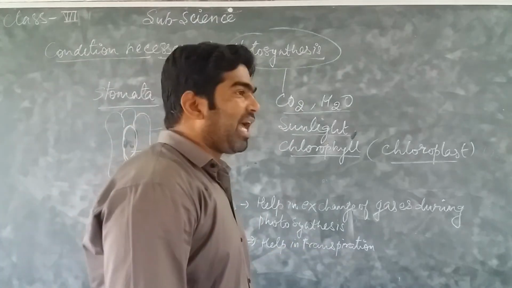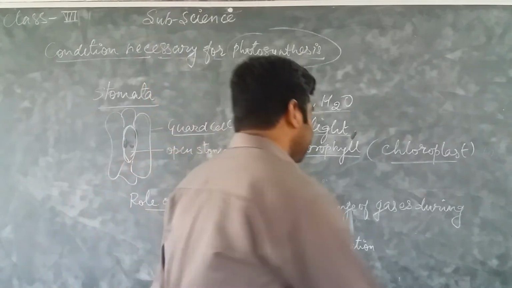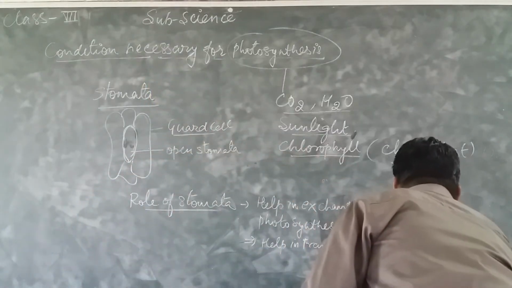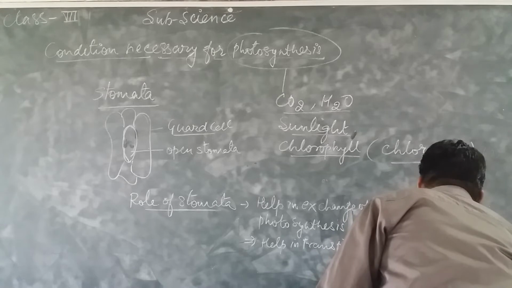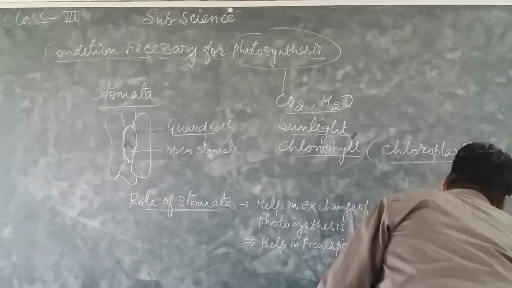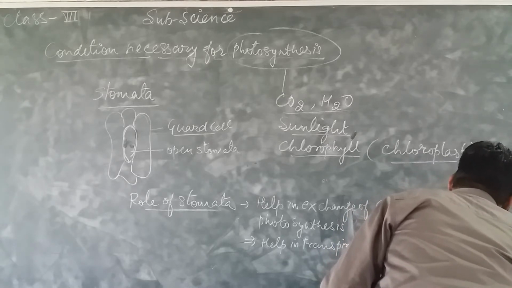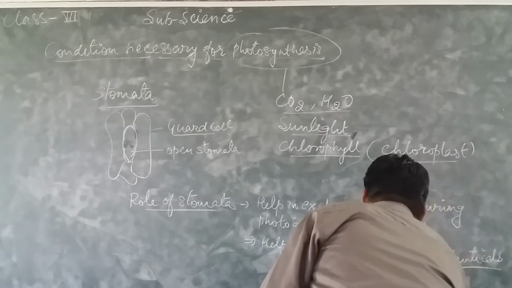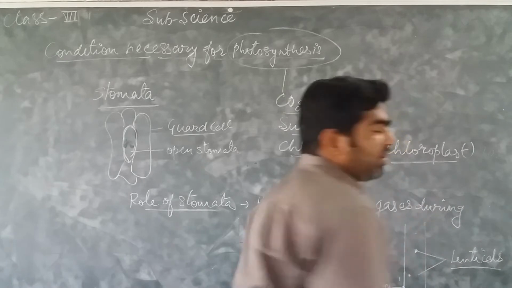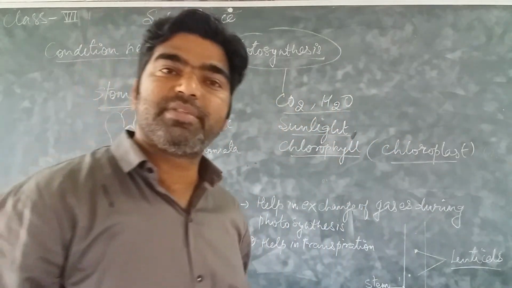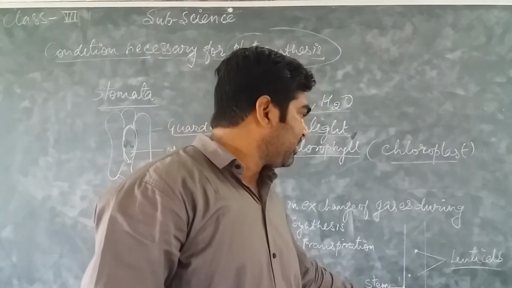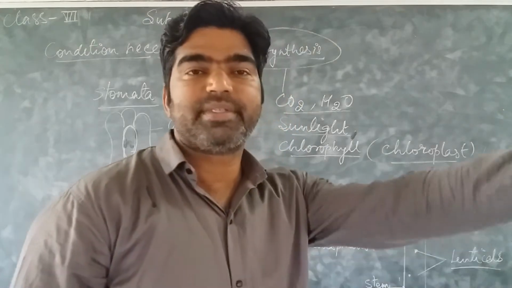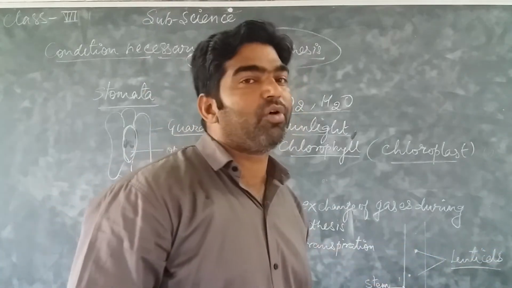Now, other types of pores are also present on the stem. Some pores are present on the leaves, that is called the stomata, but the pores or holes present on the stem of a plant are called what?